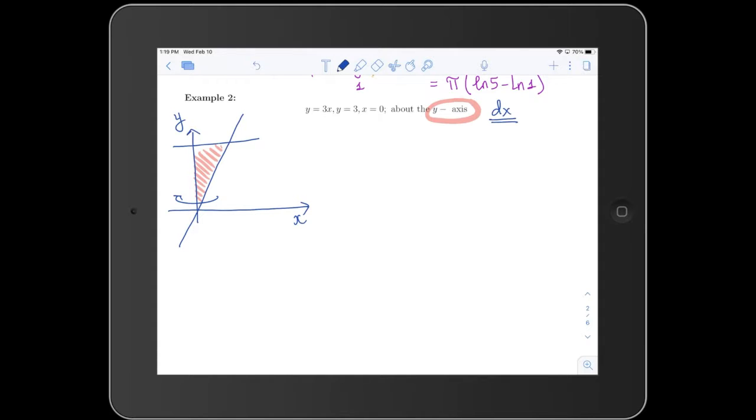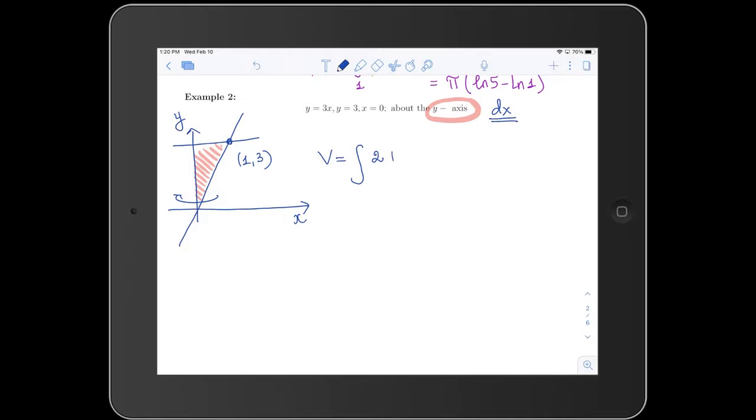Limits, functions, and the integration itself, right? This point right here where they intersect is 1, 3.